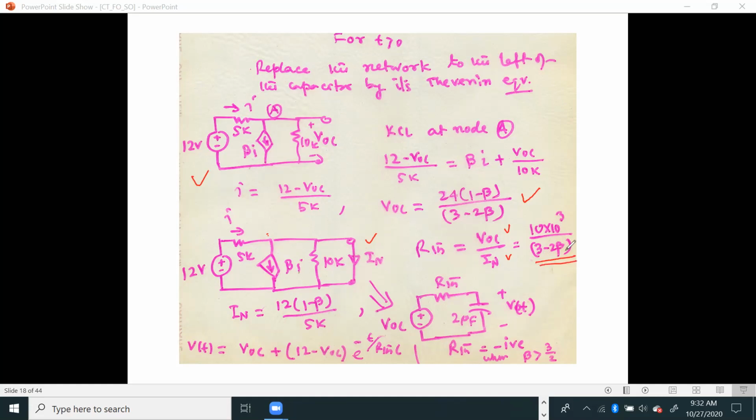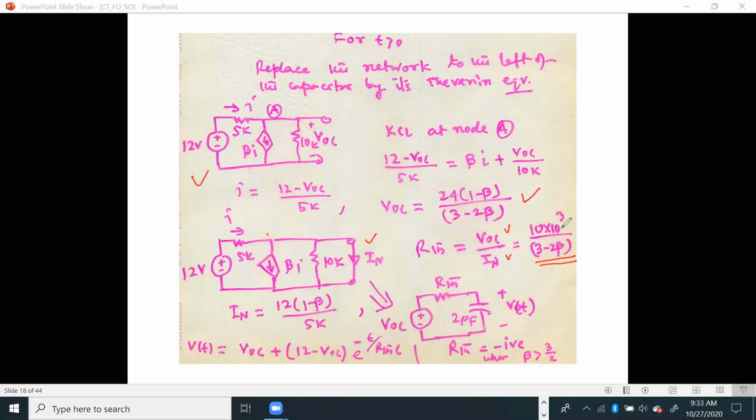Okay, from this point, the interesting thing will be coming out. You see that this RTH is a function of beta, is it not? Yes, sir. For example, if your beta equals 0, that current source is not there, and you see that your circuit is totally passive, and your RTH is always positive, isn't it?